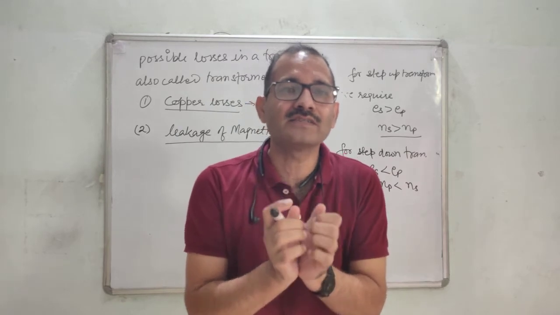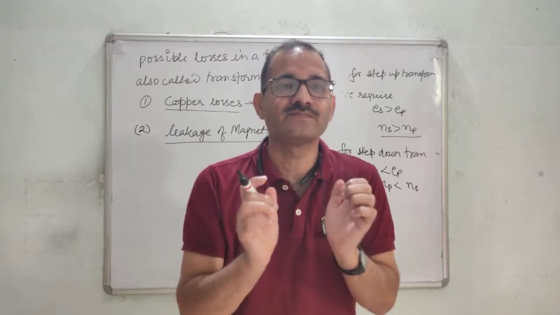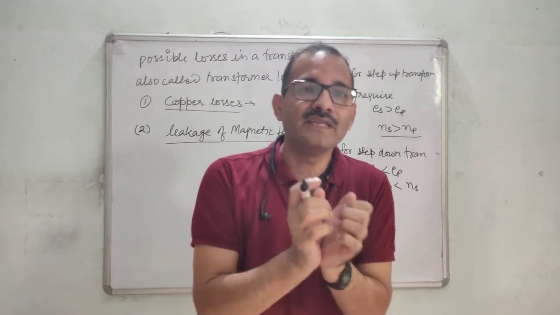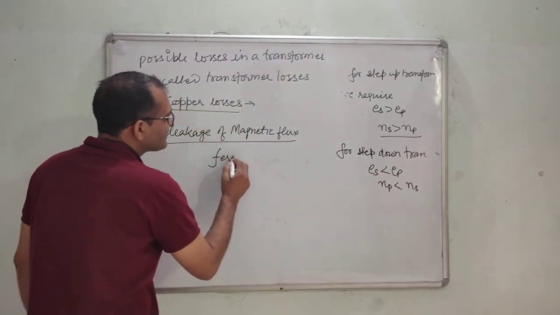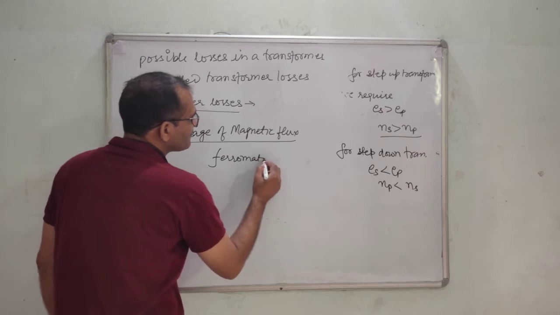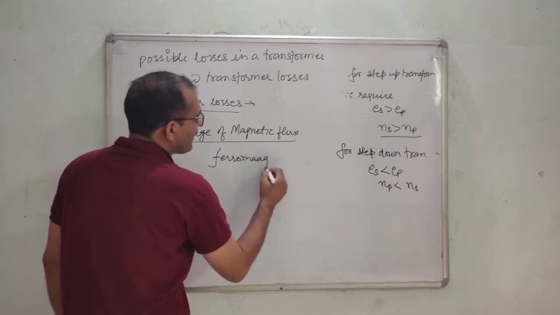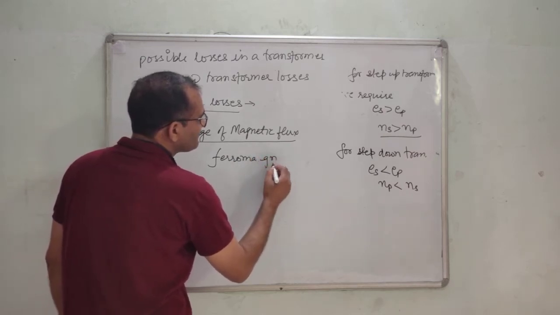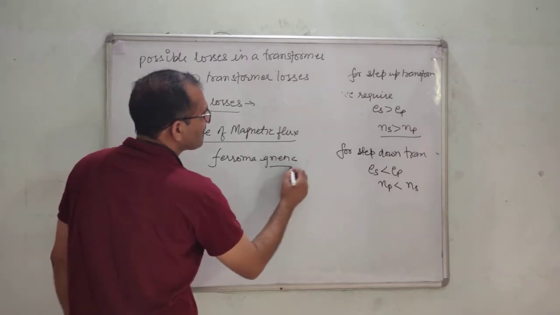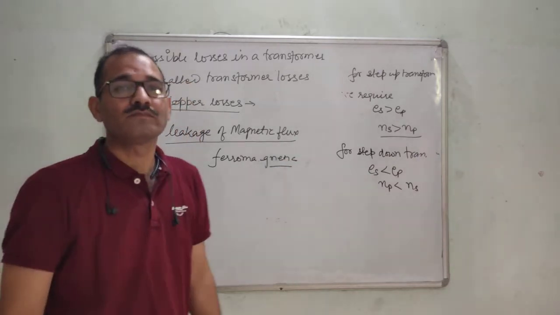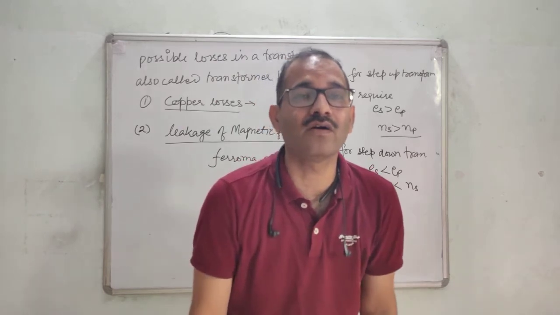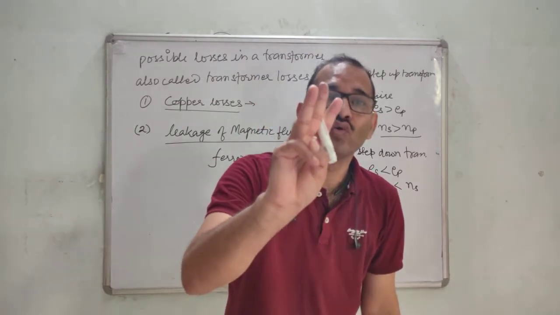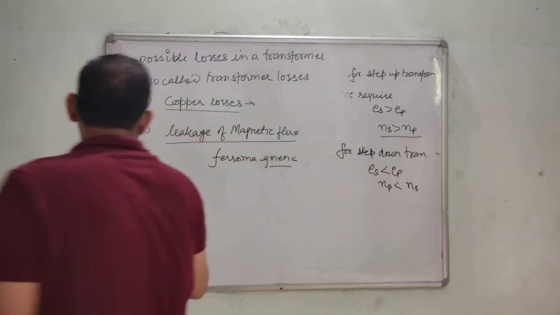But there is always a possibility of leakage. And this leakage is minimized by using some ferromagnetic material as the core. But if we use a ferromagnetic material as the core, there may be two different losses again.